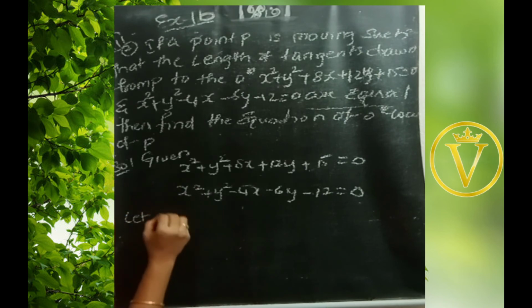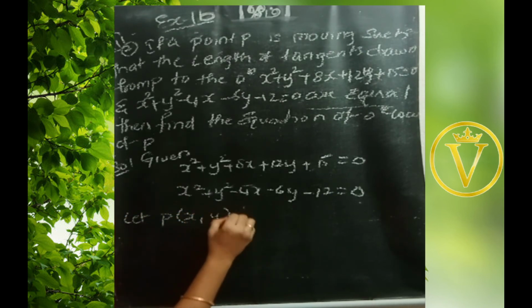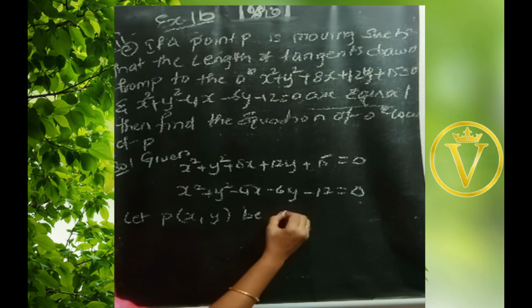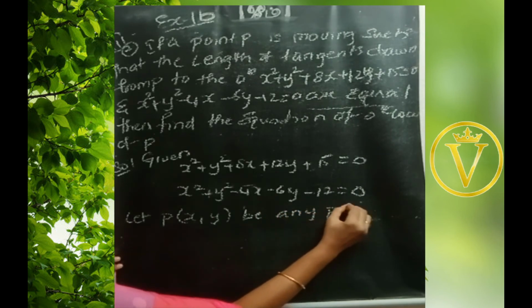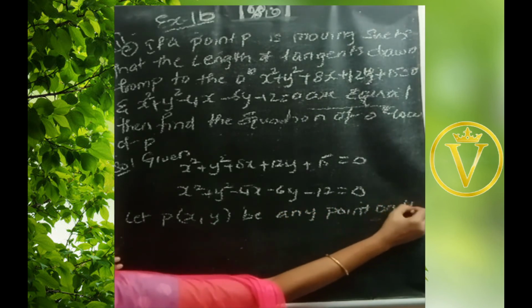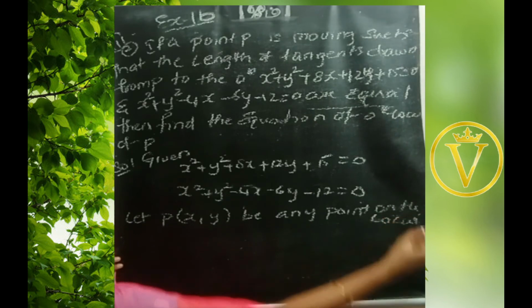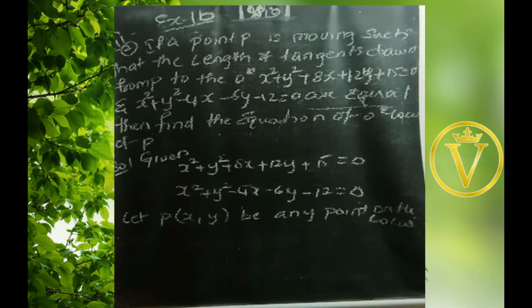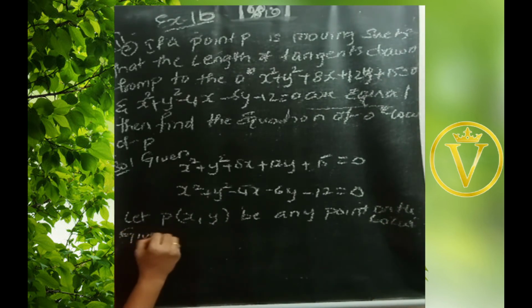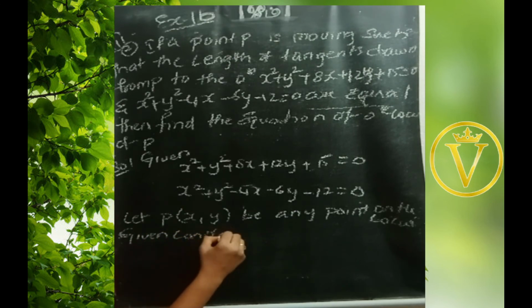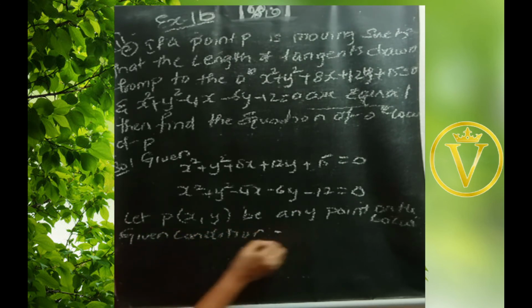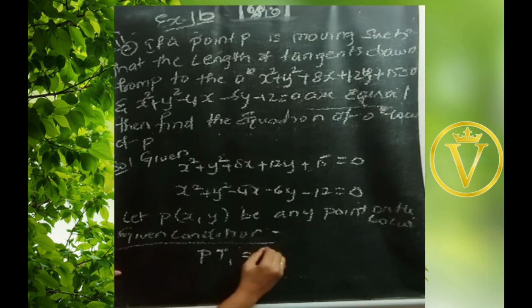Okay, these are the two circle equations. Now let P be any point on the locus. The given condition here is equal, so PT1 equals PT2.